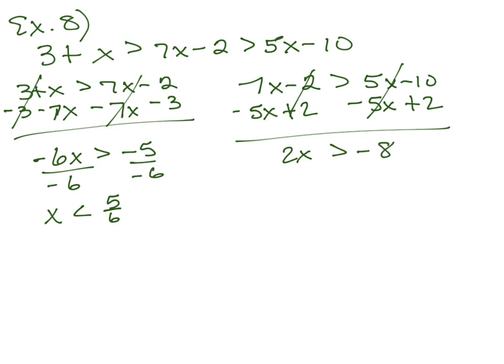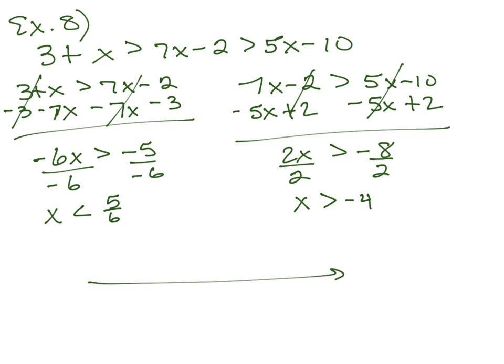Negative 8. So 2x is greater than negative 8. Divide by 2. That makes x greater than negative 4. So now x is greater than negative 4, but less than 5/6.